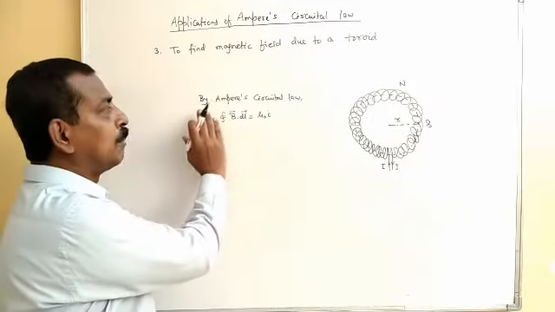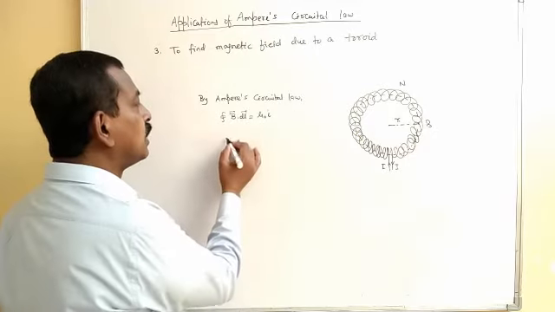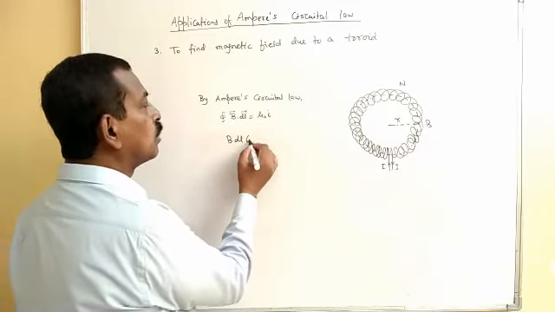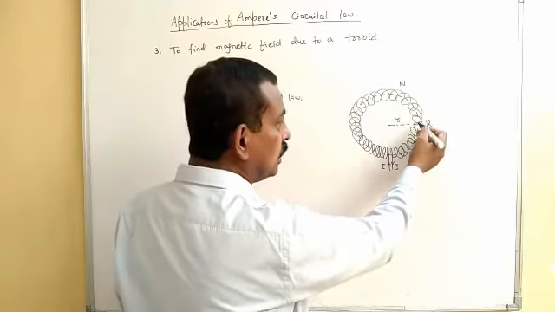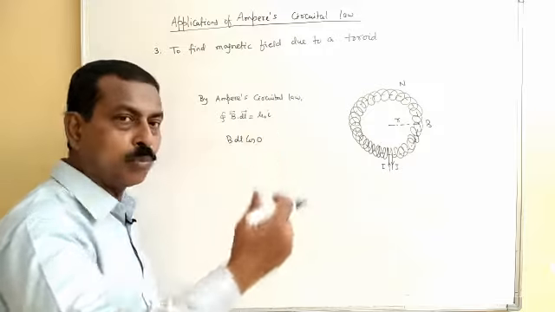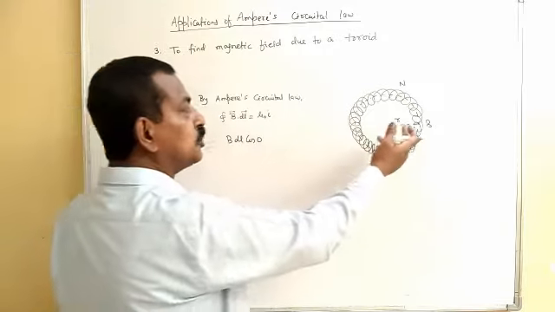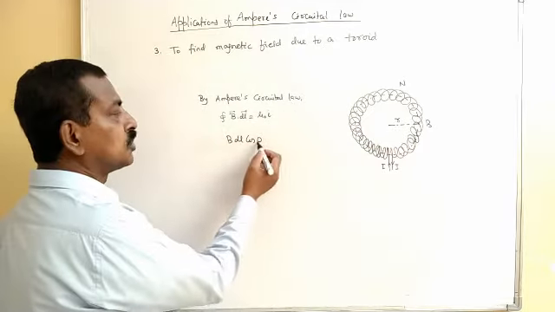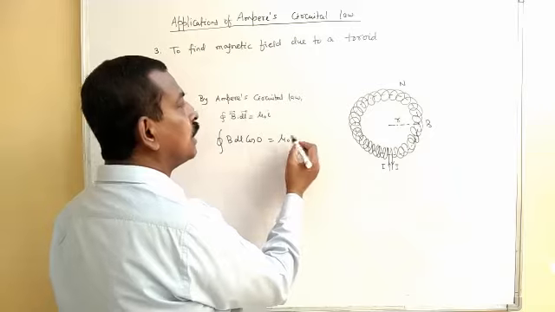Again, by Ampere's Circuital law, we take B dot dl equals mu naught I. So this is B dl cos 0, because again the magnetic field and the direction of movement there will be in the same direction at all points, so it is cos 0, and it is the integration over the entire loop.